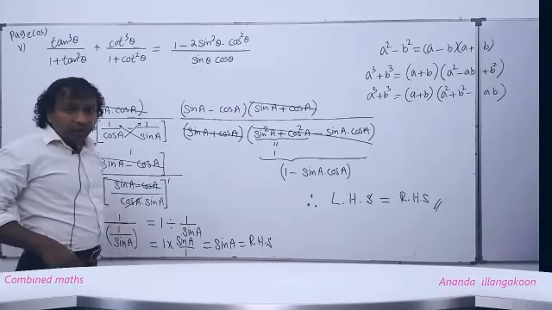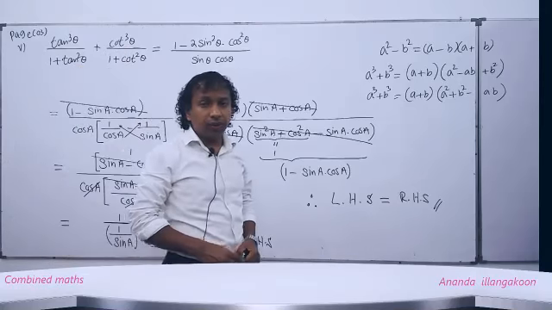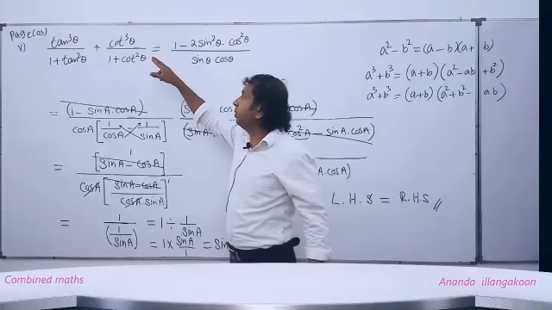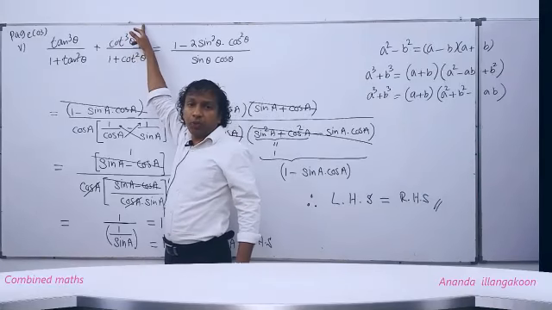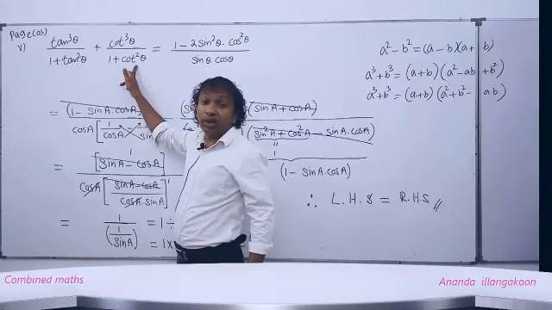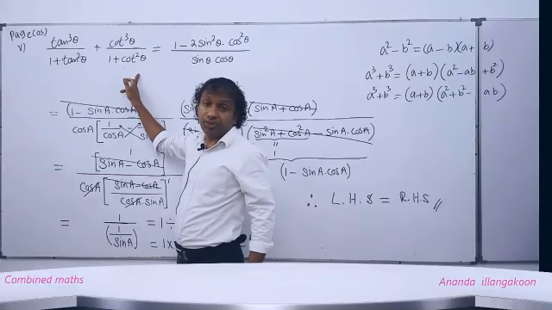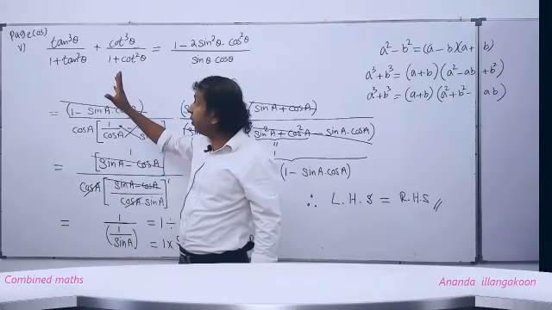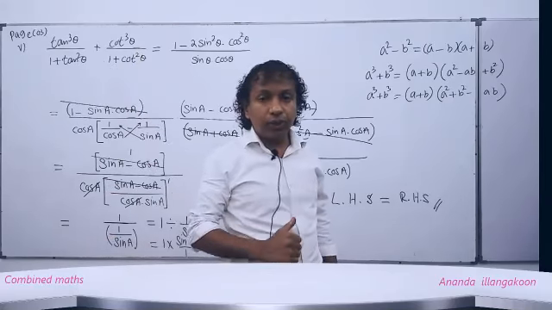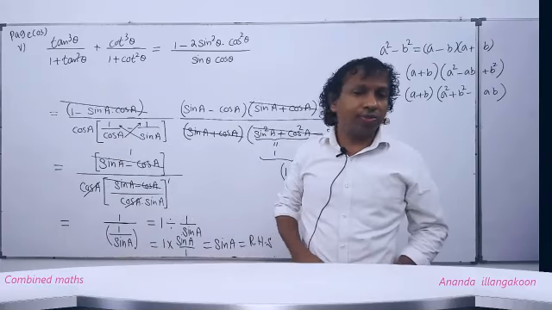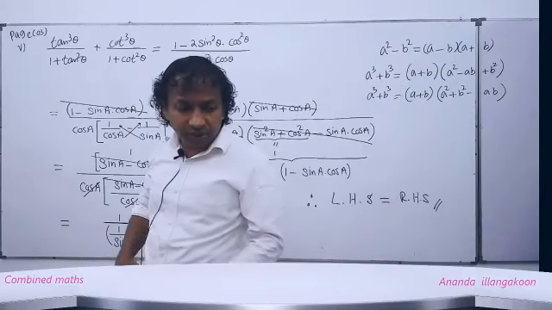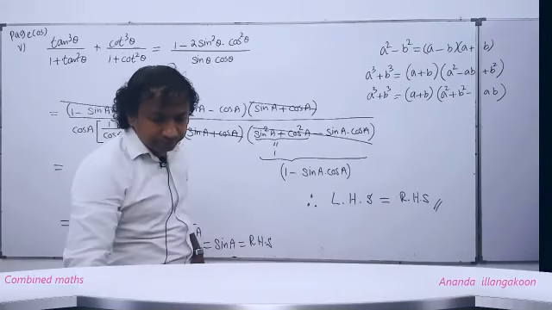Cot means cos divided by sin, so cot cube theta is cos cube theta divided by sin cube theta, and cot square theta is cos square theta by sin square theta. Therefore, write down all these tan and cot terms in terms of sin and cos, and thereafter keep simplifying that. I think you can get this answer. All right, people, try this question. I'll give 2-3 minutes. Hurry up.